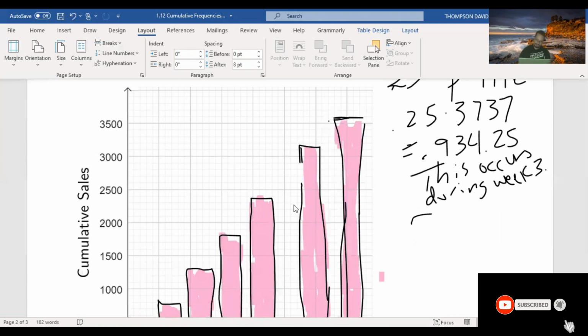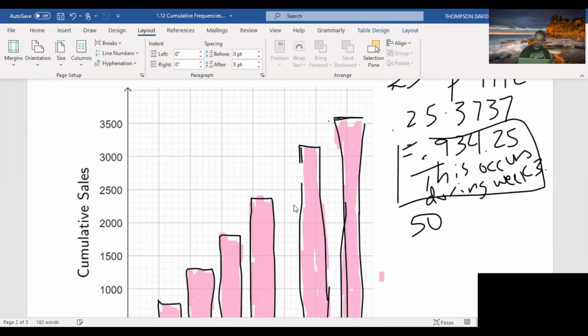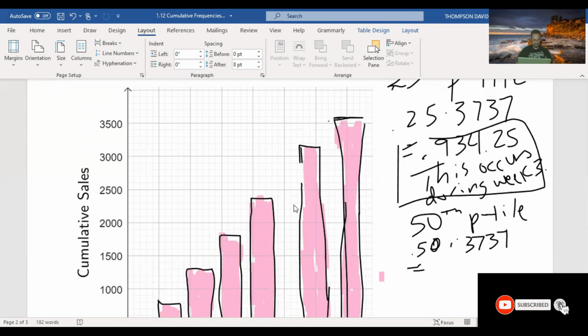We'll use a similar procedure for the 50th and 75th percentile. So the 50th percentile will be 0.50 times 3,737. So when I multiply 0.5 times 3,737, that gives me 1,868.5.